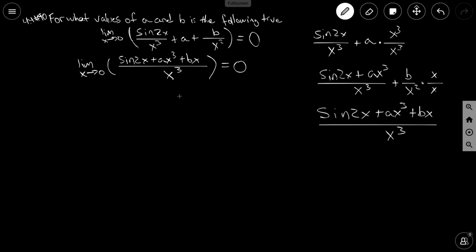And if you get an indeterminate form, then you can use L'Hopital's rule. So I'll go ahead and plug it in. And when you plug it in, you get 0 over 0, because sine of 0 is 0 plus 0 plus 0 over 0 is 0 over 0. So I'm going to go ahead and apply L'Hopital's rule.